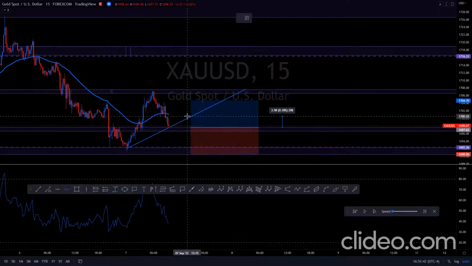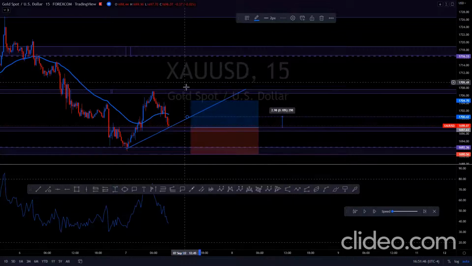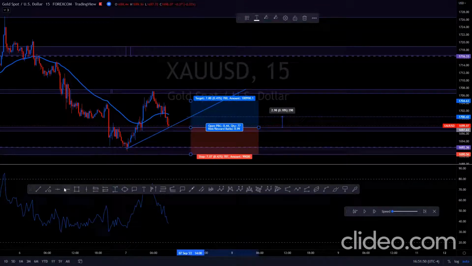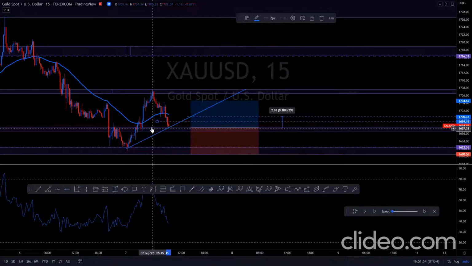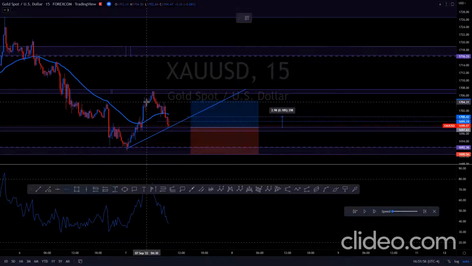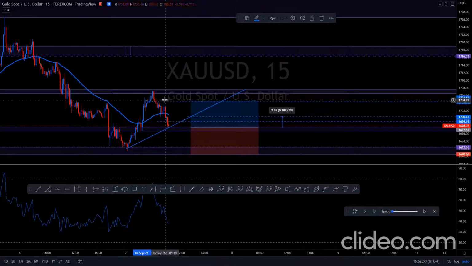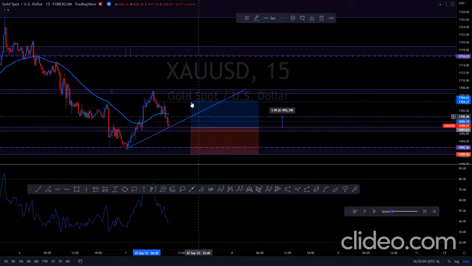So we're going to say that this was over 250 points here. And then ultimately, price ended up breaking this last structure for this bullish move. And this was the last structure from this move here. So we know that price is going to push this over and create a swing high up here.